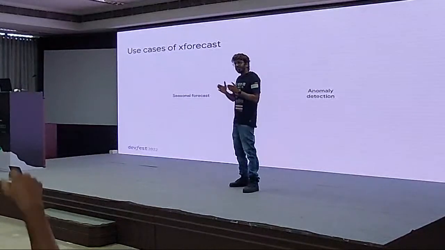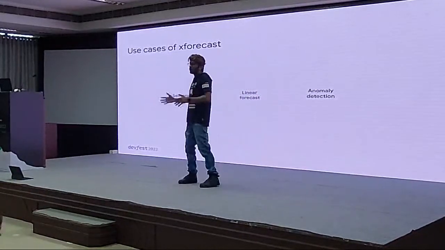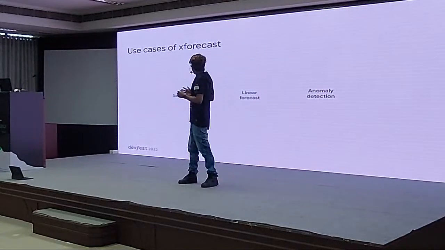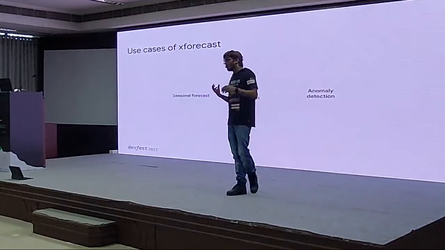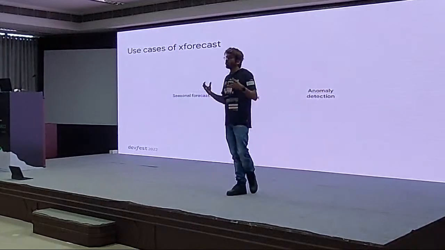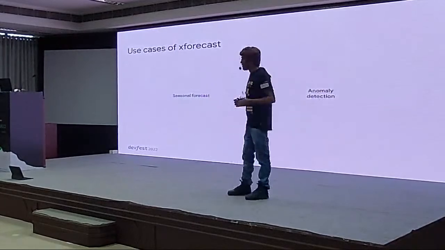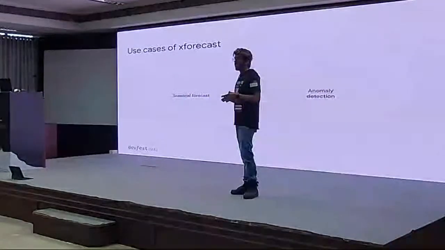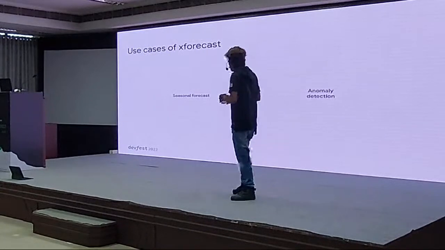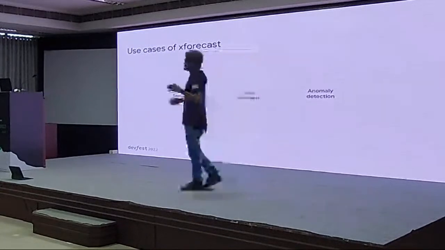So there is seasonality for that kind of metric. To understand when more users are going to come into your application, we have seasonal forecasting in our X4Cast application. Then linear forecasting: based on past data points, we can predict future data points.